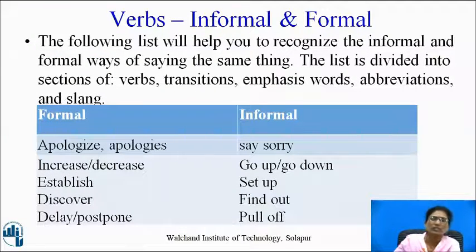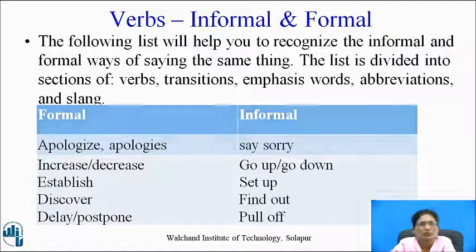Let us see the verbs, informal and formal. How verbs are used: the following list will help you to recognize the informal and formal ways of saying the same thing. The list is divided into sections of verbs, transition, emphasis words, abbreviations and slang. Formal and informal: apologize, increase, decrease, establish, discover, delay, postpone.